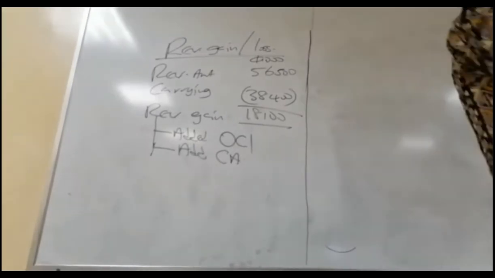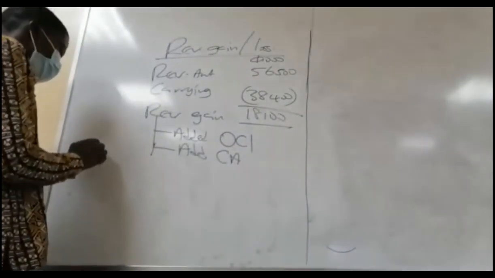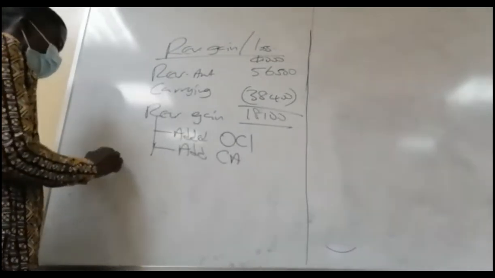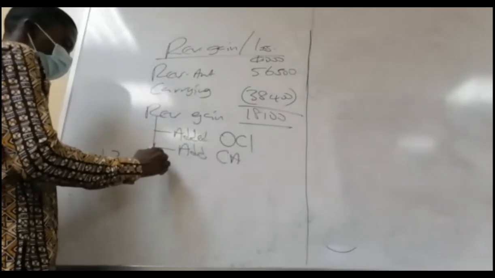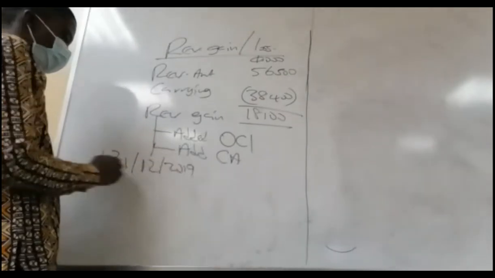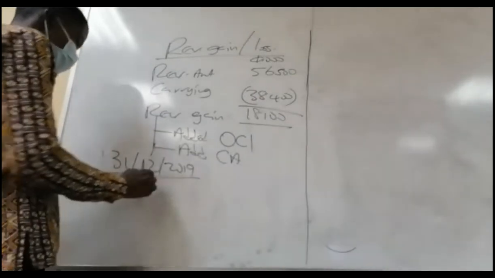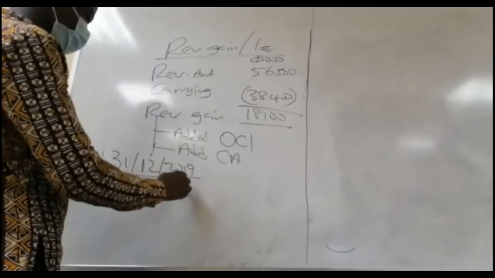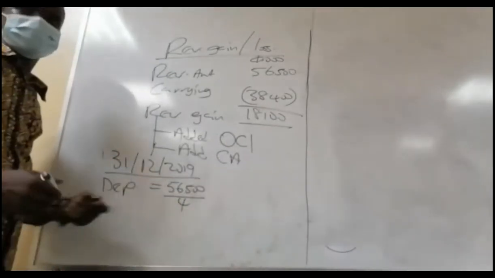So that one too, first, we should find a new depreciation and new carrying amount. So the new depreciation continuation, the depreciation for 2019. So here you can start. As at 31st December 2019, first depreciation, which will be the new amount, 56,500 divided by 4. Why 56,500?